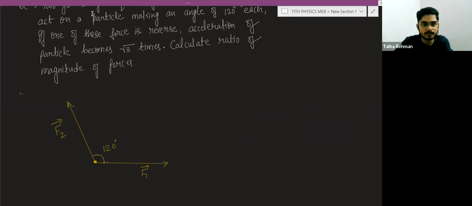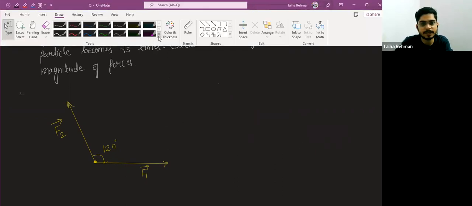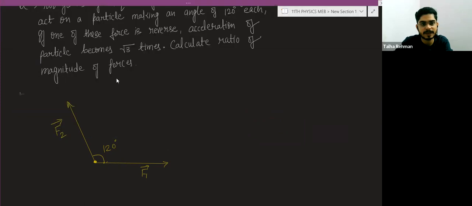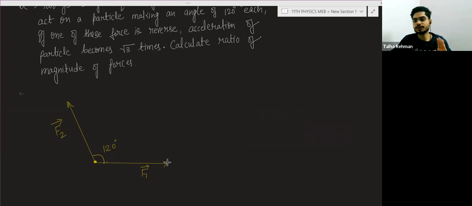So we can just complete this parallelogram. If you want to draw the parallelogram, then it's okay. Otherwise, it is not required. You can use directly that formula of resultant. So you will draw a line parallel to this F2, and you will draw a line parallel to this F1.